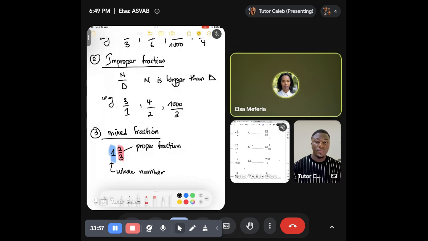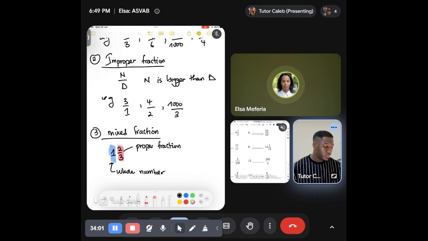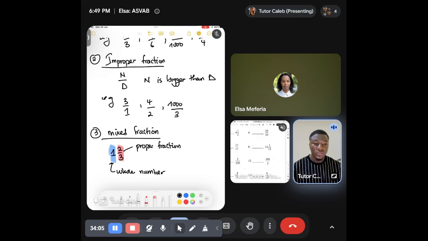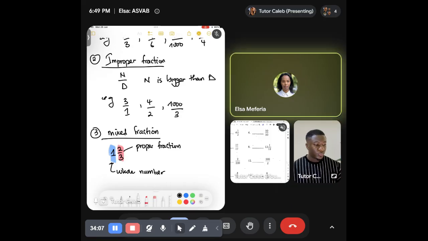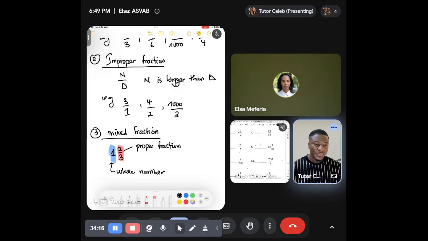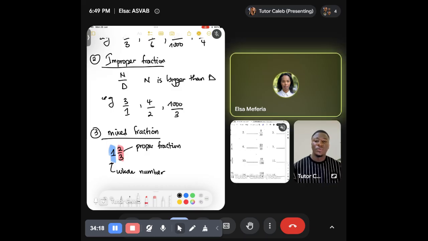So I have to convert it to a whole number. So that's going to be a mixed fraction, right? By itself, a whole number is just a whole number. We're not going to call it a fraction. A fraction is when there's a numerator on top. Of course, I should know that.